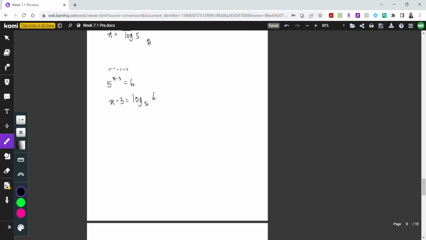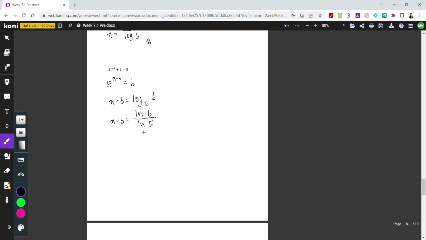Alright. Again, if I need to plug this into a calculator, I'm going to change it either into log or ln. So in this case, I want to use ln. So if I were to change bases, I'll get x minus 3 equals, this 6 is going to be on top, so it's going to be ln 6. 5 is the base, so it's going to go at the bottom, so ln 5.